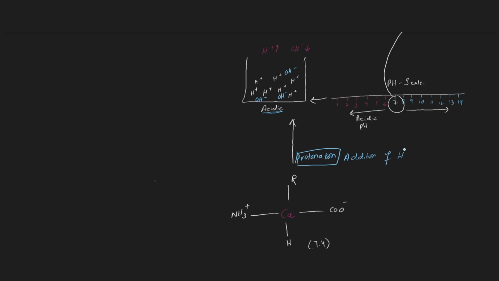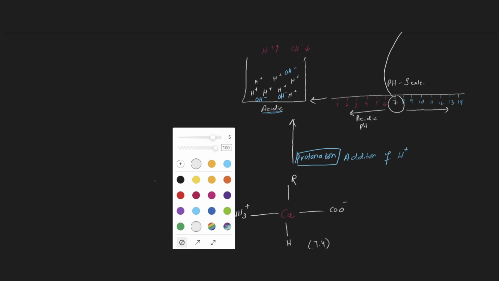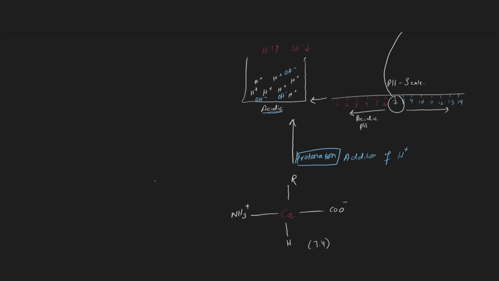There will be the addition of the hydrogen ion wherever it can be added in the structure of the amino acid. In the structure of the amino acid, you can already predict where the hydrogen ions can be added. The carboxylate ion will accept the hydrogen ion because the concentration is high and it has one extra negative charge on it.